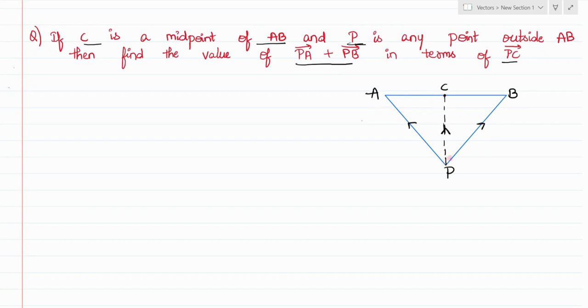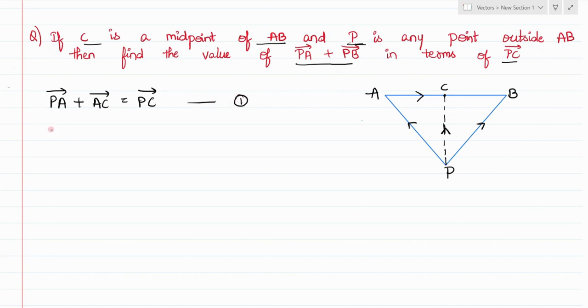So if you observe in triangle PAC, we can use the triangle law of addition, right? How to use that? PA plus AC gives you PC, because PA and AC are the two vectors which are in the same order and PC in the reverse order. So this is the one equation.